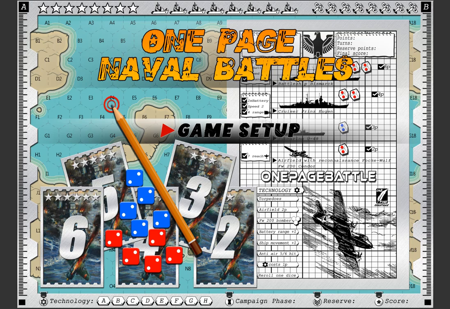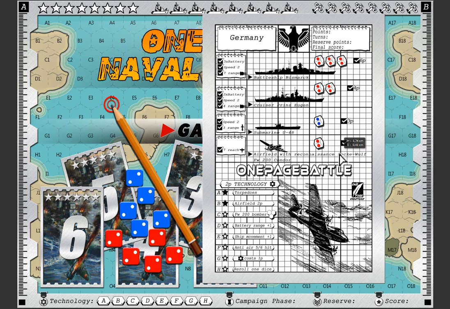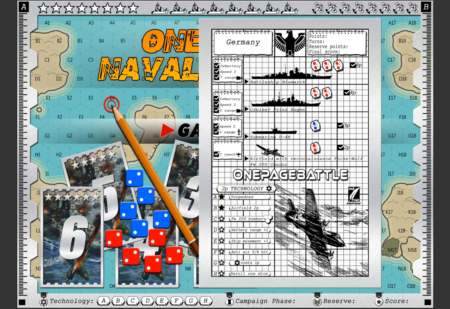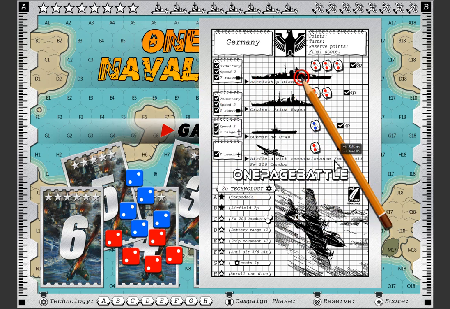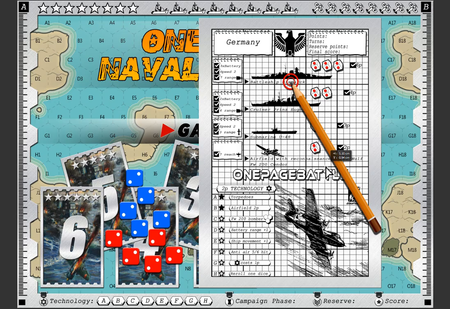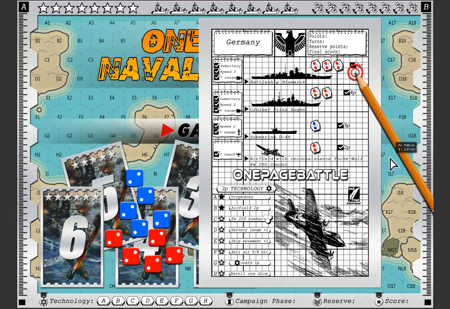When you check the help sheet of your nation, you can see there is information next to the unit. For instance, when we check the battleship Bismarck, you can see this unit's deployment cost is 6 points.